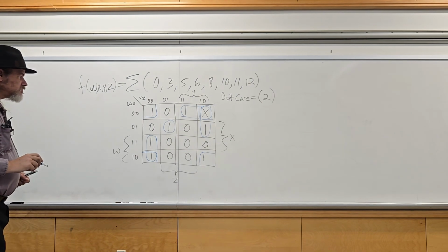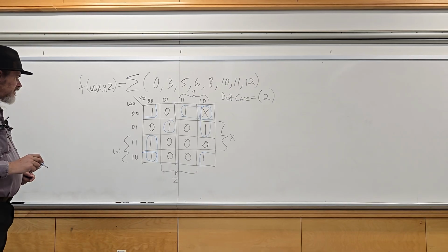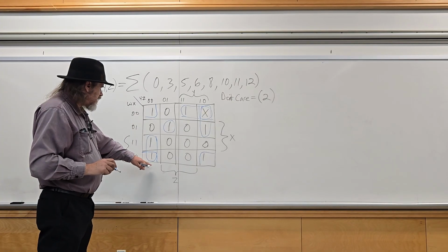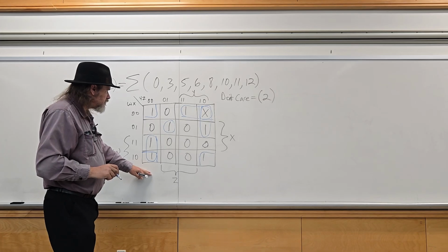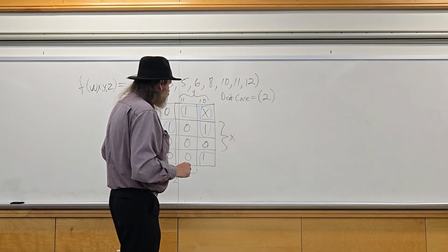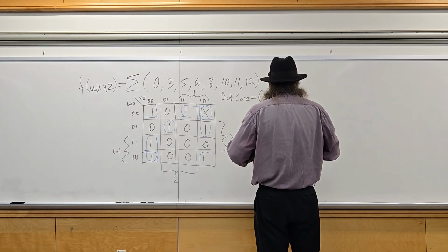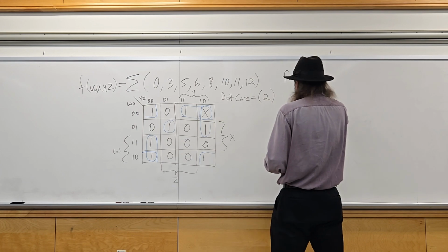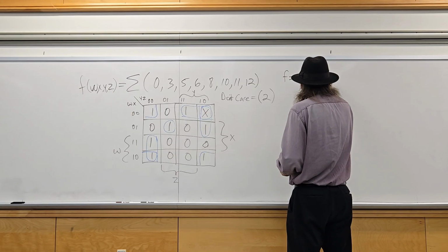All right. So the expression is going to be, start with the 4 corners. That's going to be Z prime and X prime. Y and W don't matter, so F equals X prime, Z prime.